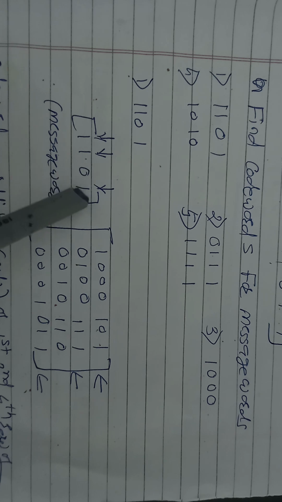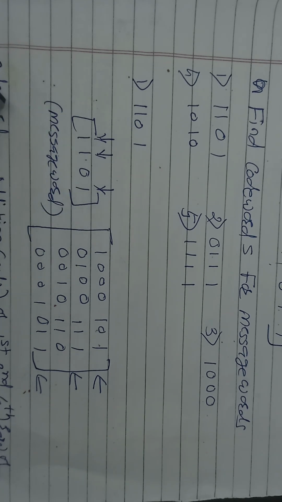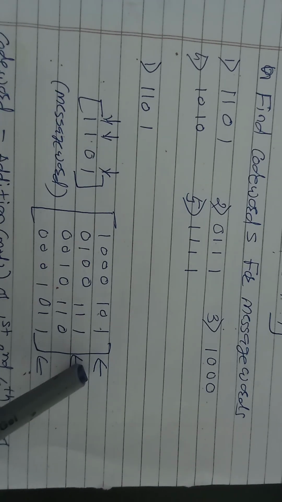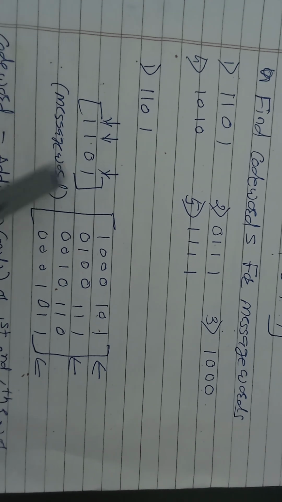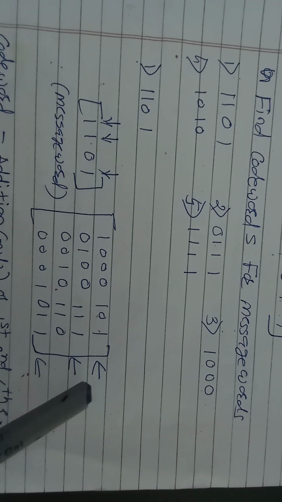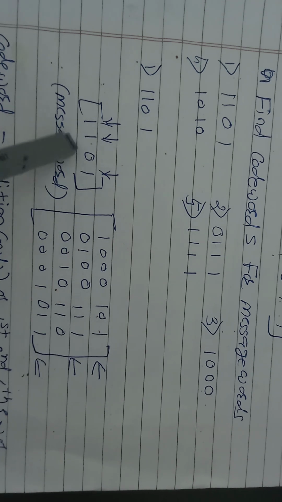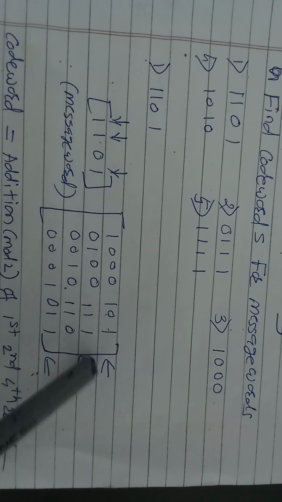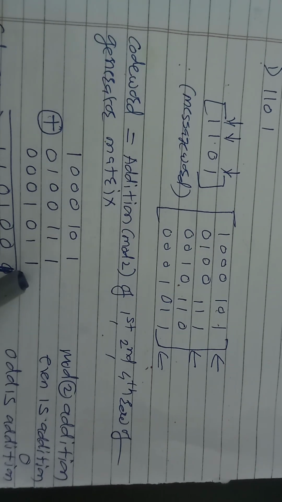After that no part of the message word remains. Then you select the first, second and fourth rows of the generator matrix. There is no play in this, you just label. To decide which rows to select, you use where the ones are in the message word. So first, second and fourth, you have to add these rows.